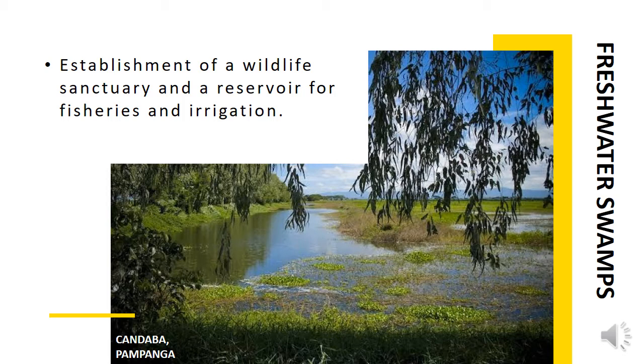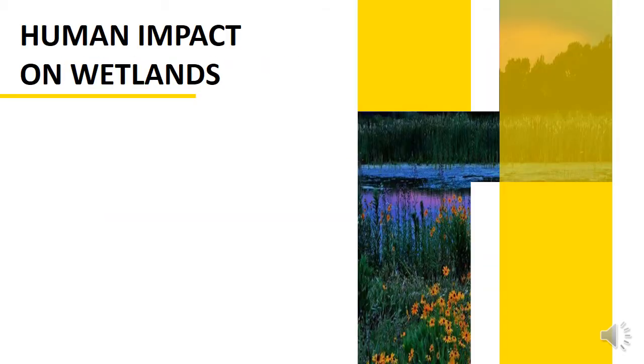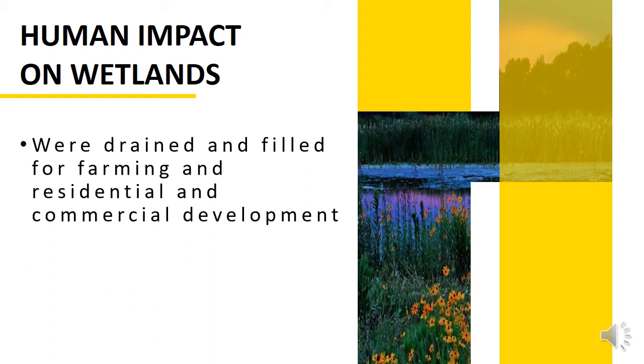Among the conservation measures are the establishment of a wildlife sanctuary and a reservoir for fisheries and irrigation. The human impact on wetlands: they were drained and filled for farming, residential and commercial development, and pollution.